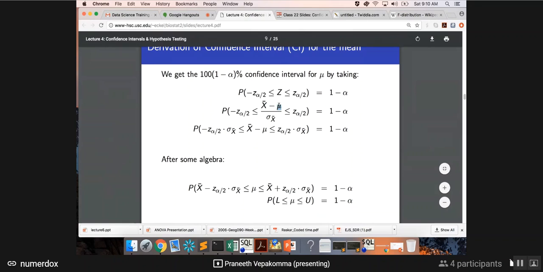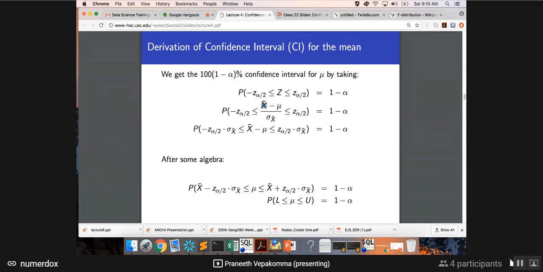It has its own mean, it has its own variance. So for any random variable, if you subtract its mean and divide by its standard deviation, what you get is known as z, a normal with 0 mean and variance 1. So this is the distribution.